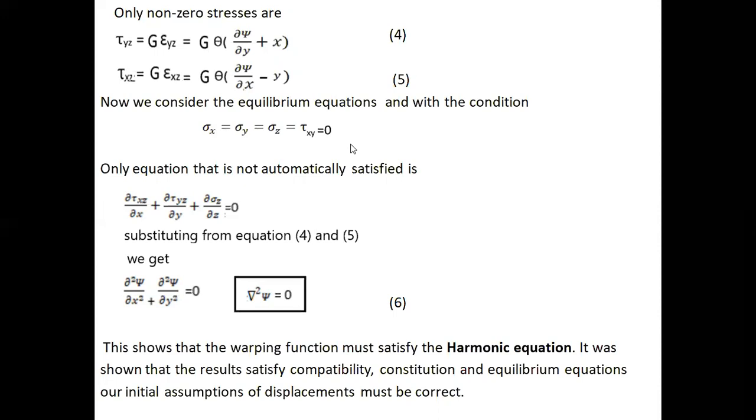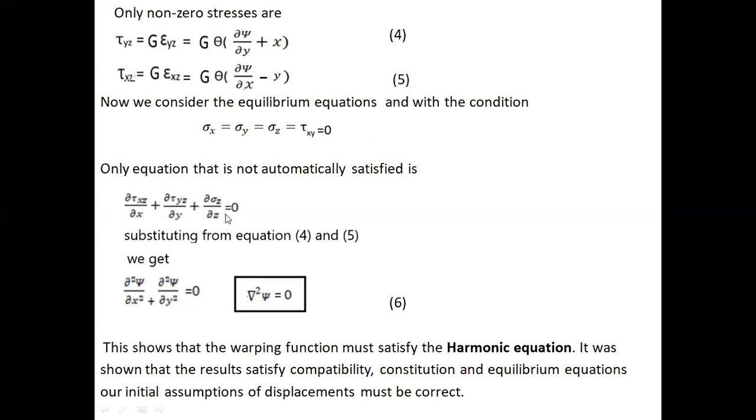Now let us look at the equilibrium equation. The equilibrium equation is del tau xz by del x plus del tau yz by del y plus del sigma z by del z equal to 0.